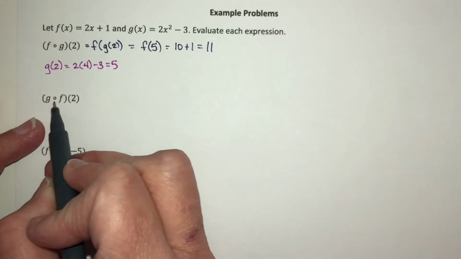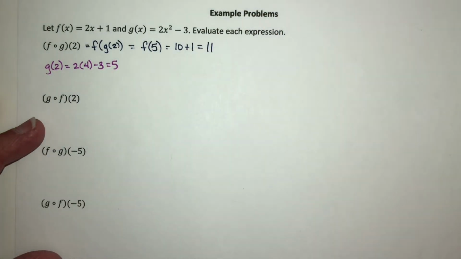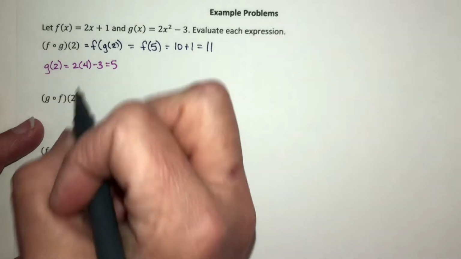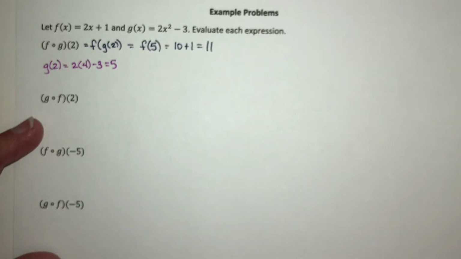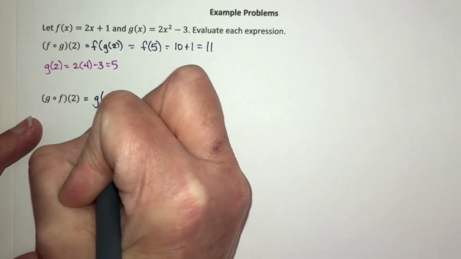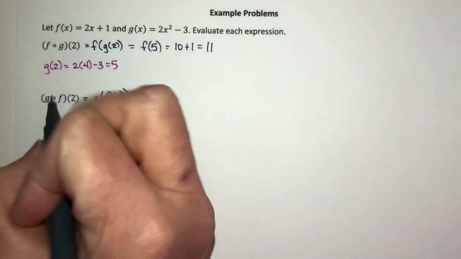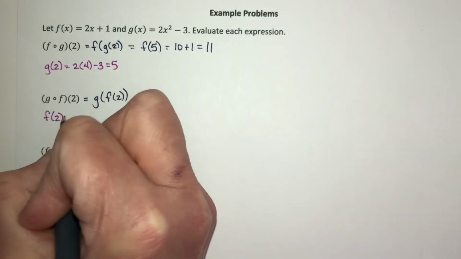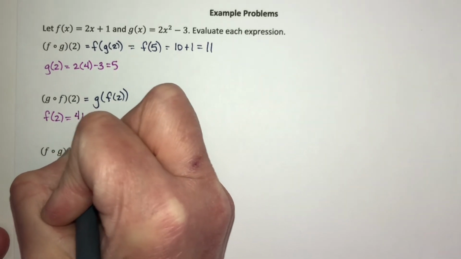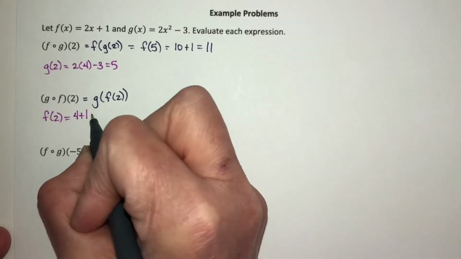Now, g composed with f of 2, and these really are different. Most of the time, you will get different solutions. There are exceptions, but most of the time, you will get different answers. This is g of f of 2, and f of 2 will be 4 plus 1, which is also 5.